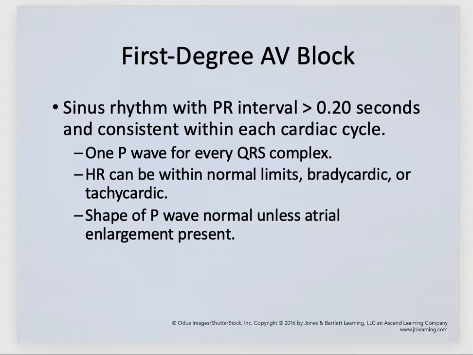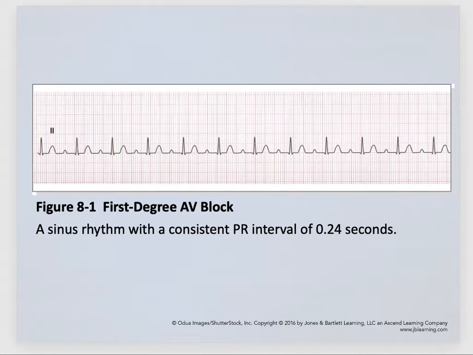The thing about a first degree is it's easy for me to explain because it looks very normal. It very much looks like sinus rhythm, with the exception that the PR interval is too long. If you took a fast look at this tracing on your computer, you might say this is normal sinus rhythm, right? Because there doesn't look like a giant irregularity.